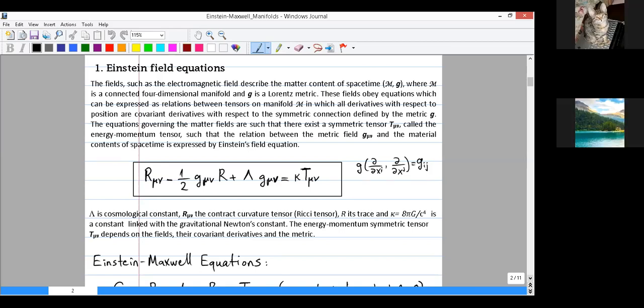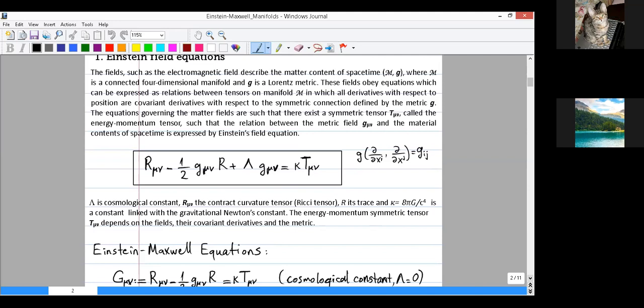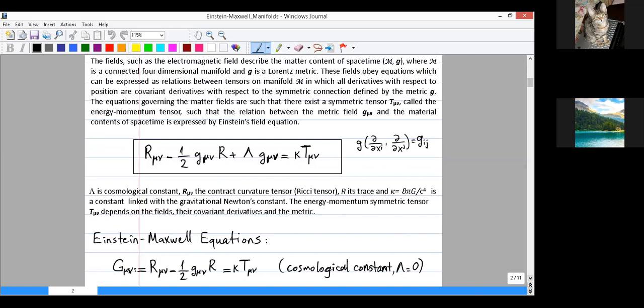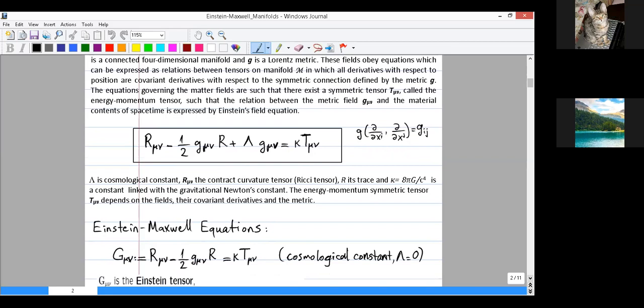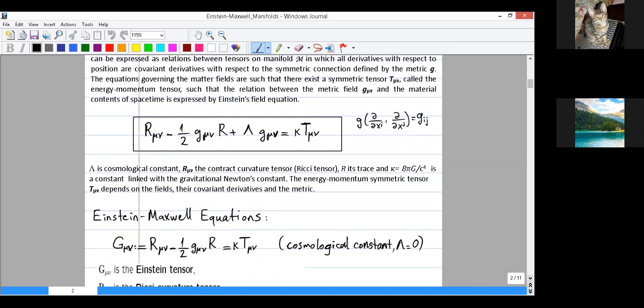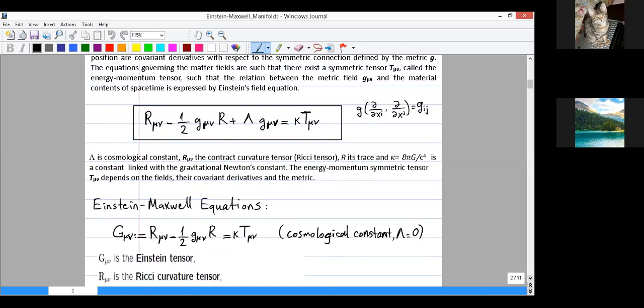And these fields obey equations which can be expressed as relations between tensors on the manifold in which all derivatives with respect to position are covariant derivatives with respect to the symmetric connection defined by the metric G. The equations governing the matter fields are such that there exists a symmetric tensor T mu nu. We will go into details of it later. It is called the energy momentum tensor, such that the relation between the metric field G mu nu and the material contents of space-time is expressed by the Einstein field equation, as we show in this neat equation.